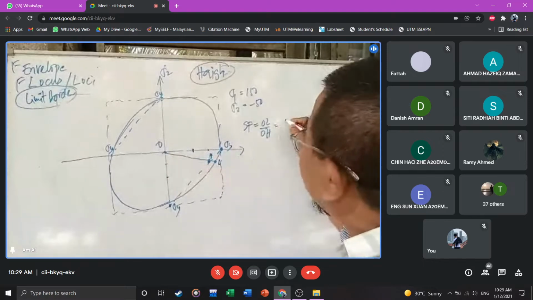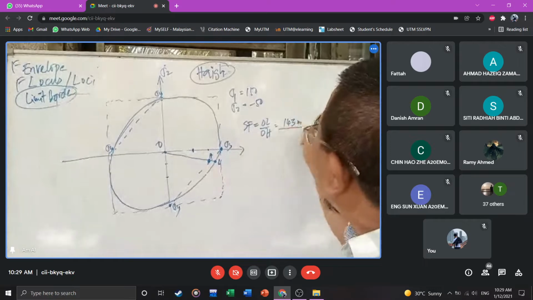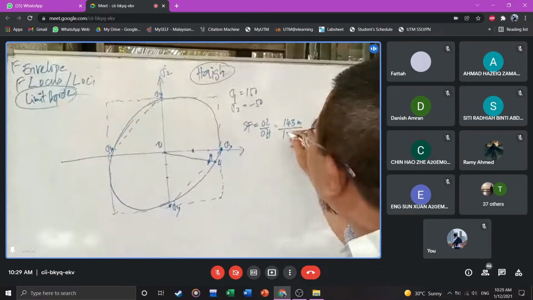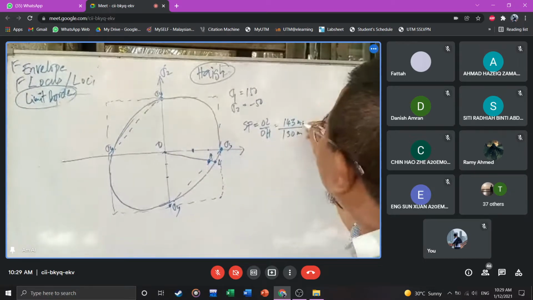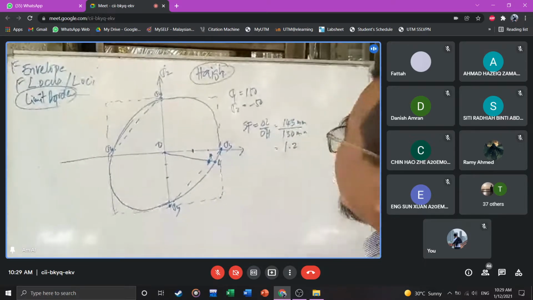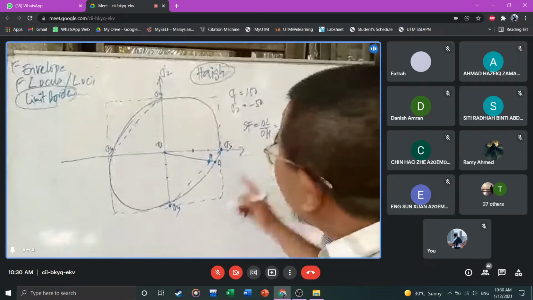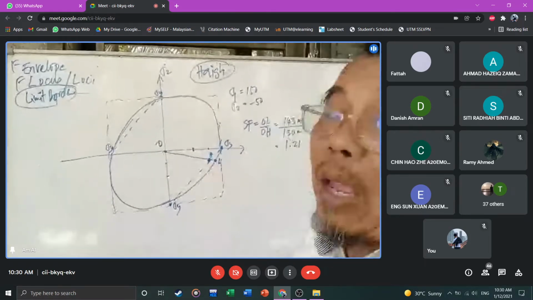Measure here, let's say here is 143 mm, and divide by 130 mm. Something like that. You get 1 point something, 1.2, 1.21, whatever it is. And then you compare with the theoretical.